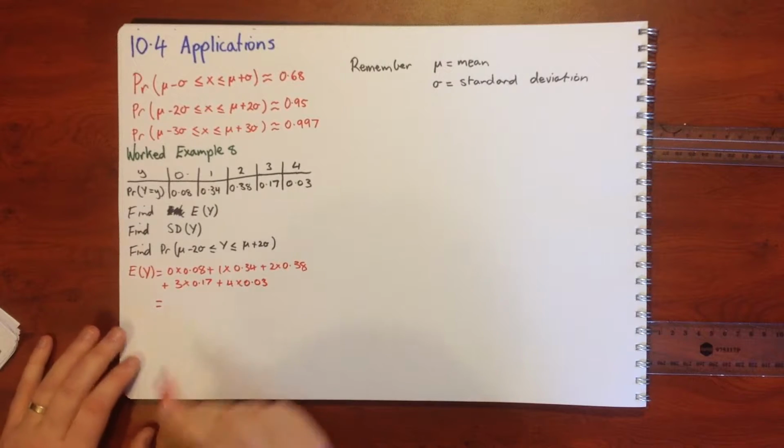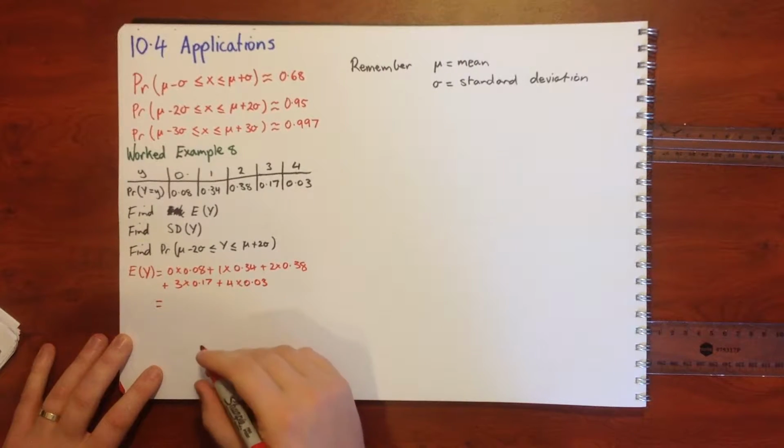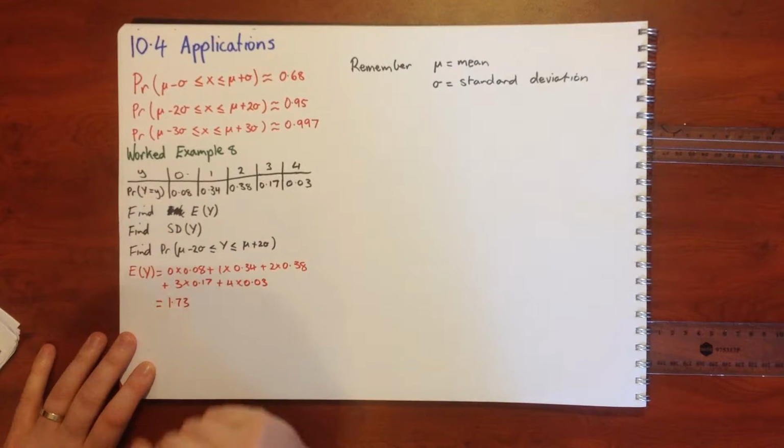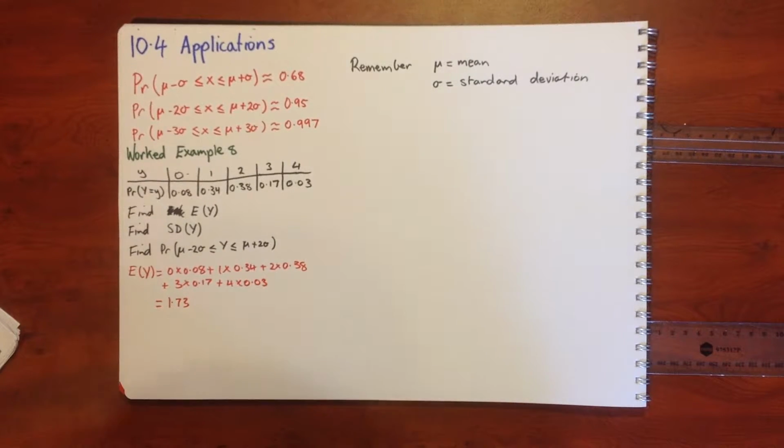When we do the arithmetic, we find that our expected value of y is equal to 1.73.